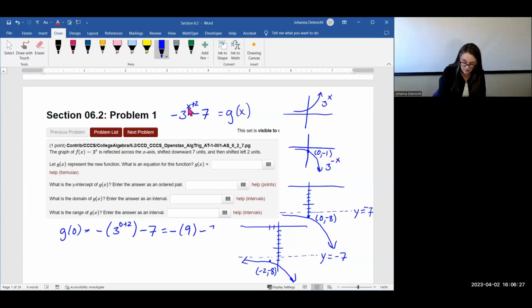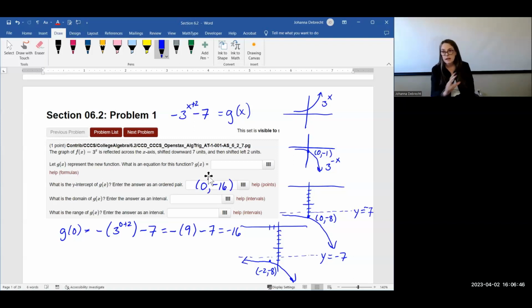So I have negative 9 minus 7, which is negative 16. So the y-intercept is the ordered pair 0, negative 16.